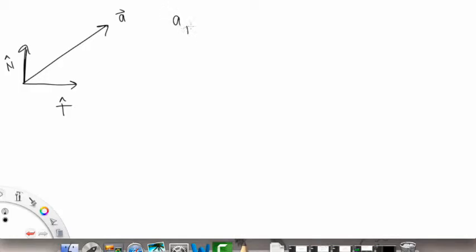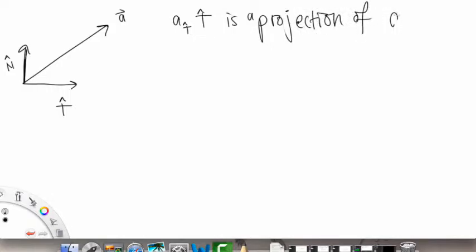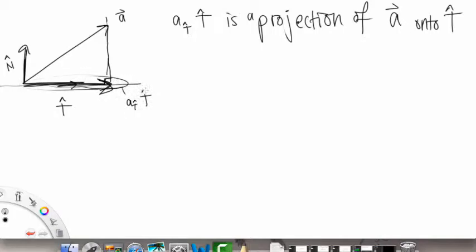So a sub T hat times T hat is actually a projection of the acceleration vector onto T hat, okay? So what that means is that if you were to draw a perpendicular line down to where T hat is pointing, this long vector now is going to be your a sub T hat times T hat.